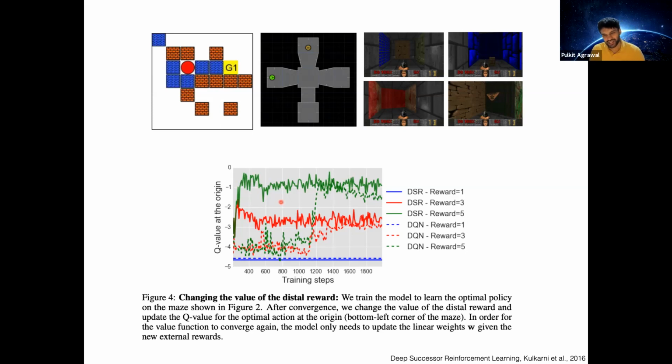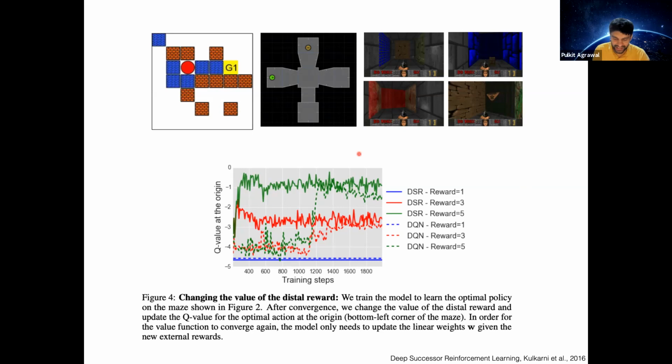What they're showing is that as we change the reward, so I'm starting at the green location, but I have to go to the yellow location, my reward could be 1, 3, or 5. If I change the reward, my successor representation is able to get to that reward much more quickly than DQN, which reaches the right values, but it takes much more time to reach there.